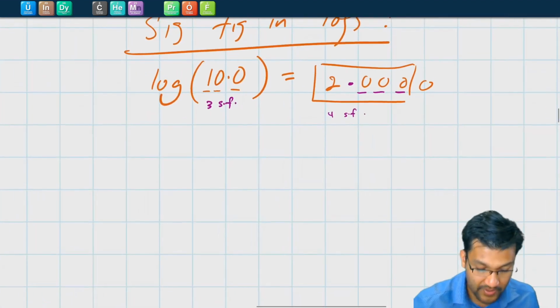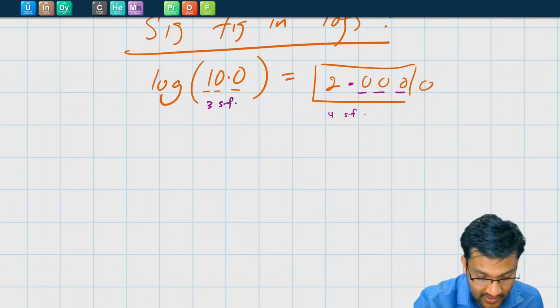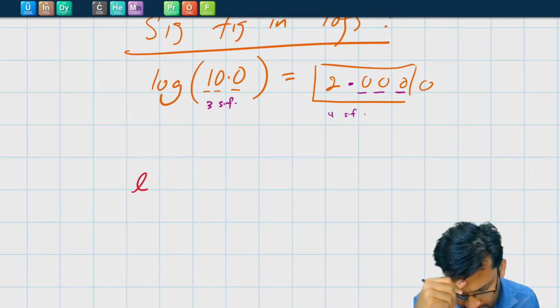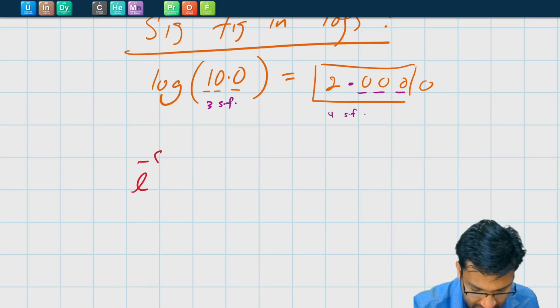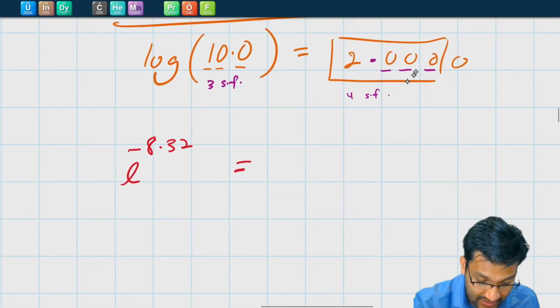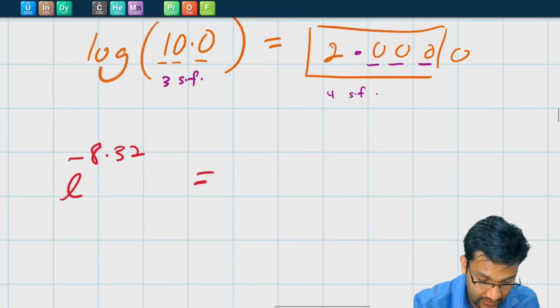The opposite happens when we do the opposite of logs. The opposite of logs would be exponential. So let's say we're taking the exponential of, I don't know, minus 8.32, whatever. Here, we do the opposite. We count the sig figs in the decimal place, right?